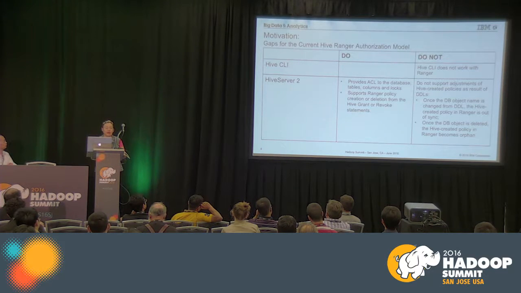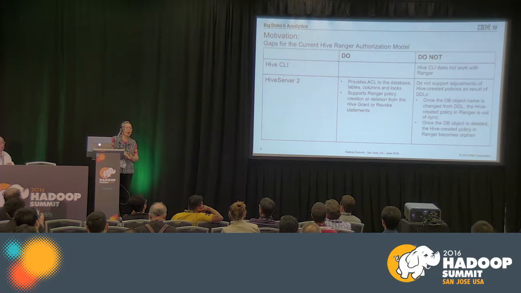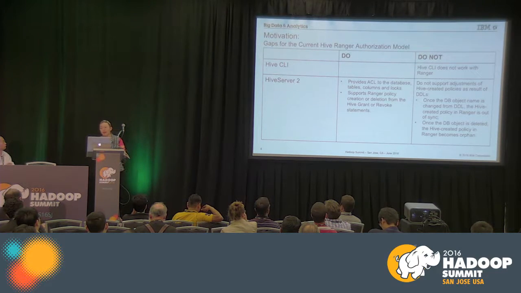The number two gap we see is for Hive Server 2. The Ranger authorization model works great. It provides authorization for each database, table, column, and so on. It supports Ranger policy creation by the Hive grant and revoke statements. However, it still has some space to improve. It does not support the modification of Hive-created policy as a result of DDL.